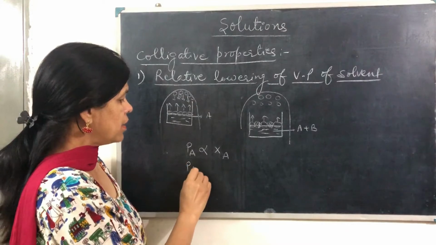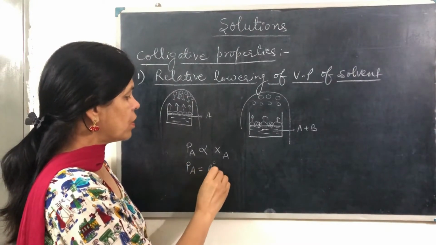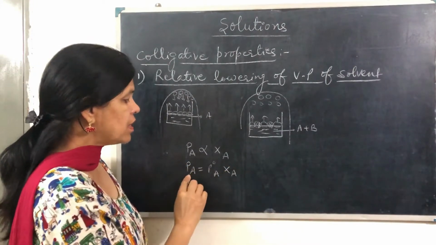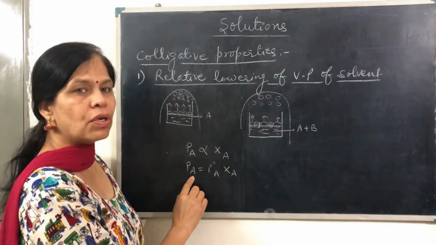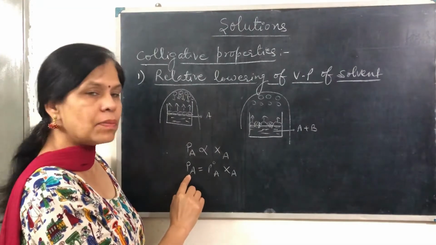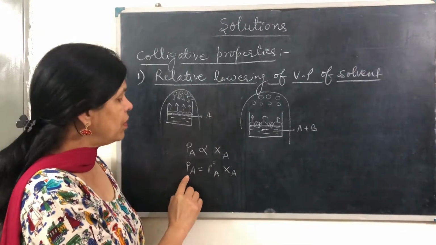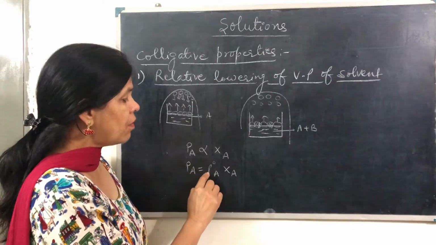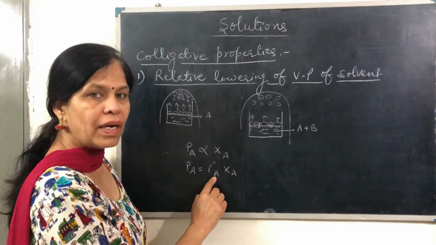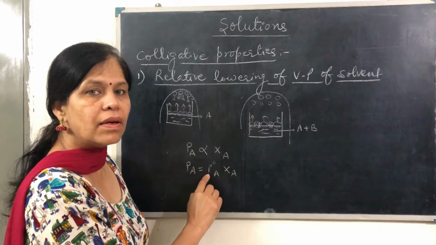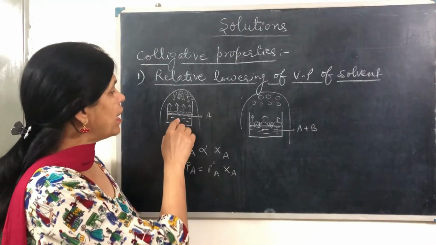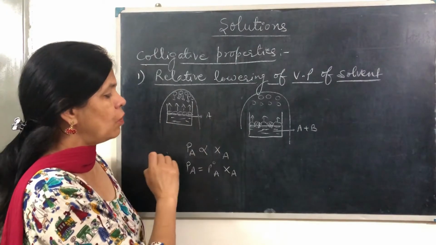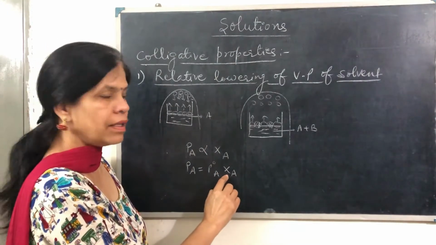So I can write PA is equal to P naught A XA. What is PA? The partial vapor pressure of A component when it is present in the solution along with B component. What is P naught A? P naught A is the vapor pressure of pure component A when it is present alone. And the mole fraction of A is written as XA.